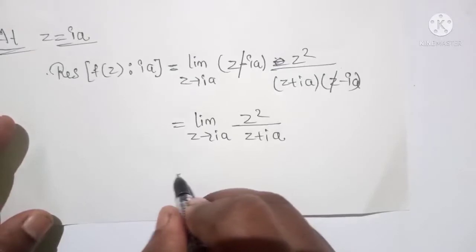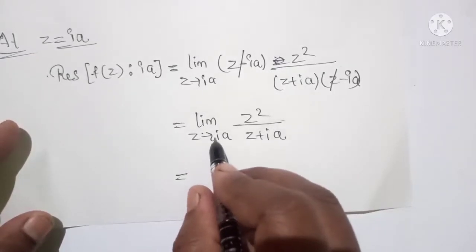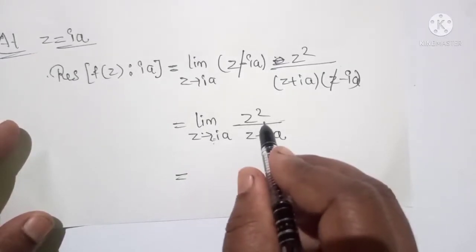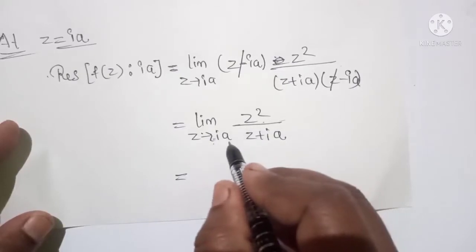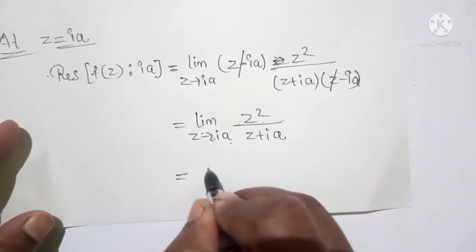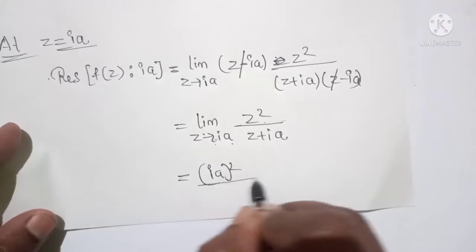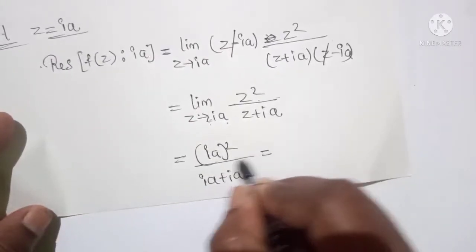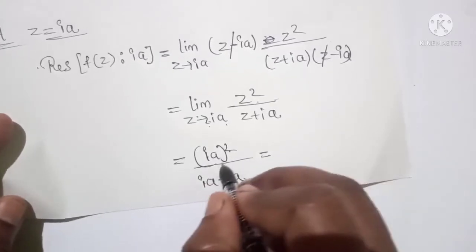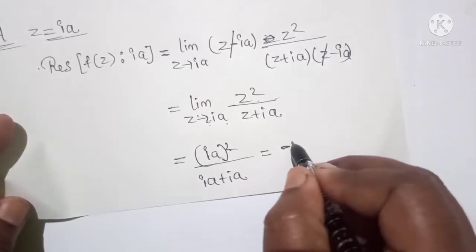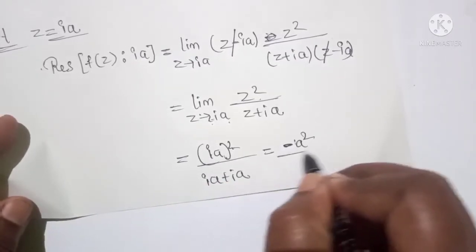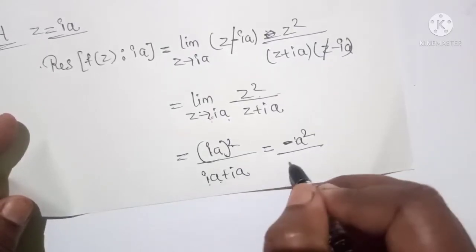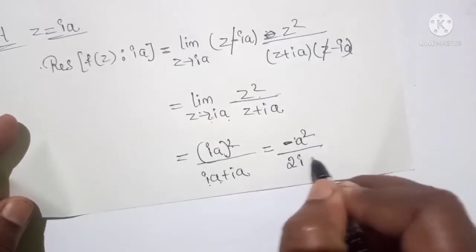So evaluating the limit, we substitute z equals to ia. We get ia whole square divided by ia plus ia, which is equals to, since i square is minus 1, minus 1 a square divided by ia plus ia, that is 2ia.